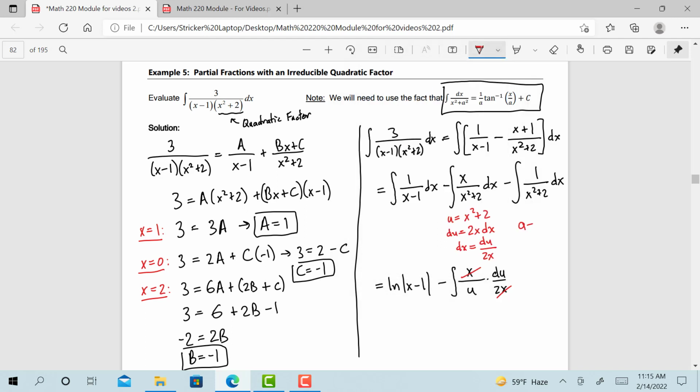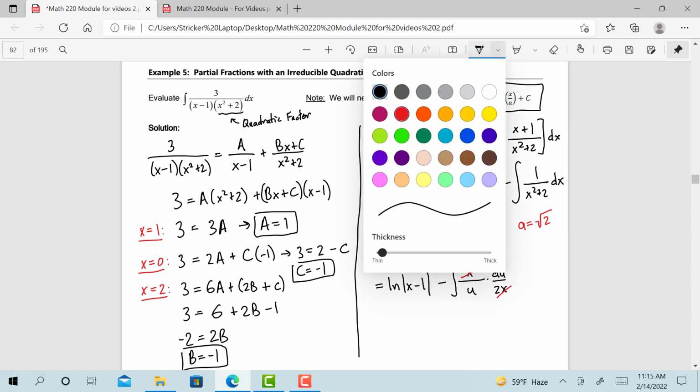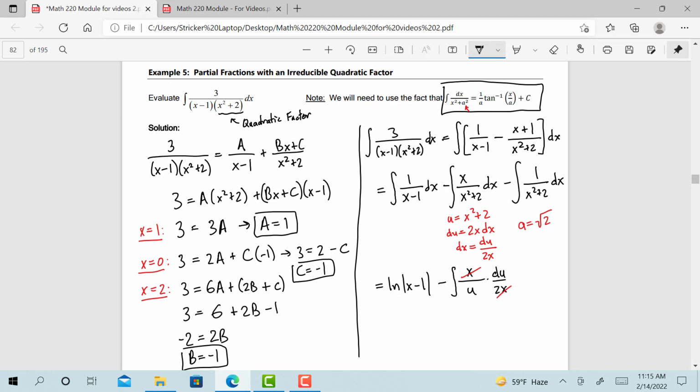Hopefully you chose that a should be the square root of 2, and that's because if you were to plug root 2 in for a here, we would get 2 like in our problem. So we just follow the formula. So this is going to be minus 1 over root 2 times the inverse tangent of x over root 2 plus c.